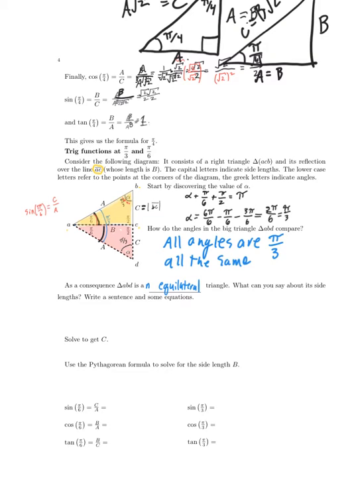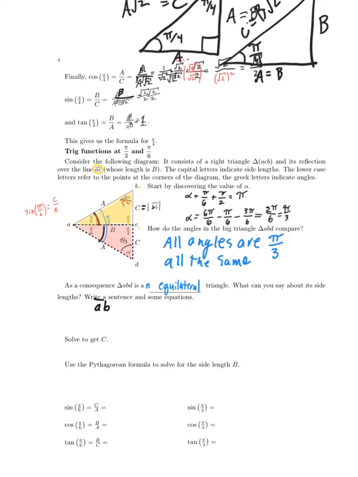Let's write down all the side lengths. So that means this side length A must be equal to this side length 2C. Well, maybe I'll write it as a sentence first.